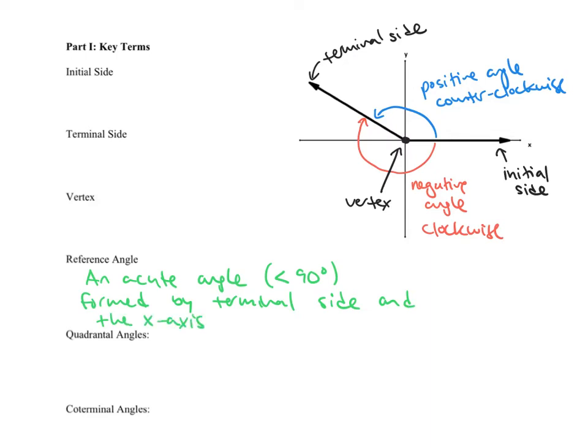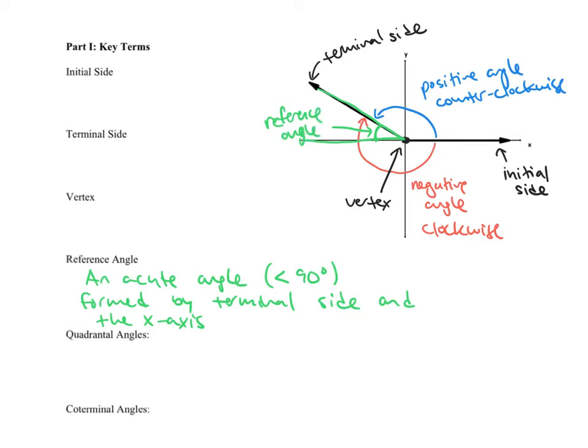So if we look at the example shown here, the x-axis is here. There's our angle. So the acute angle formed by the x-axis and the terminal side, that would be the reference angle.